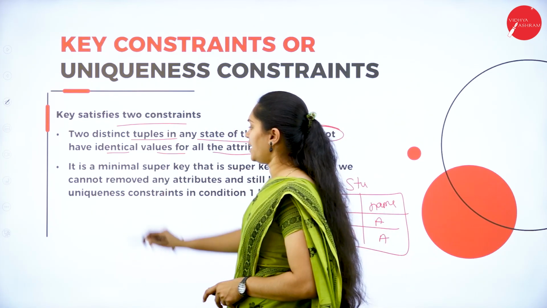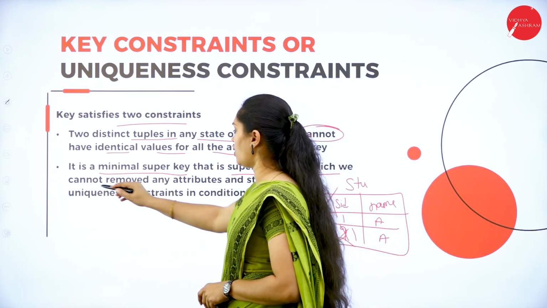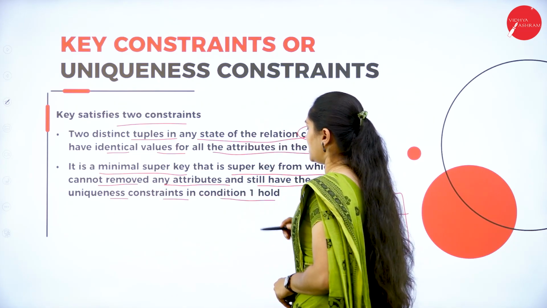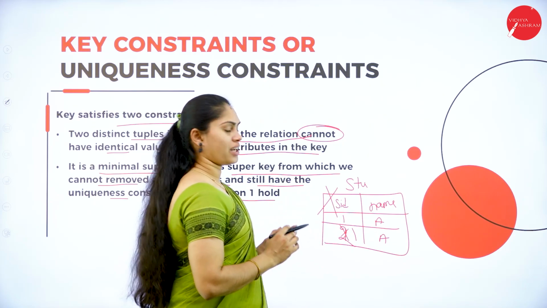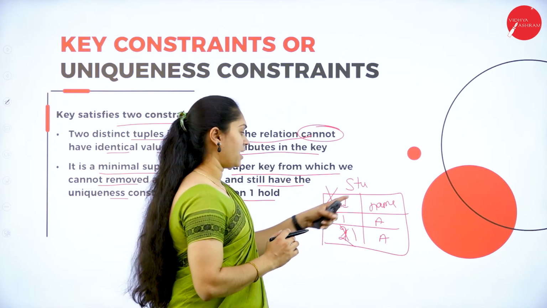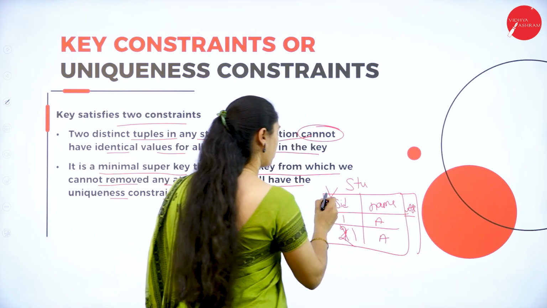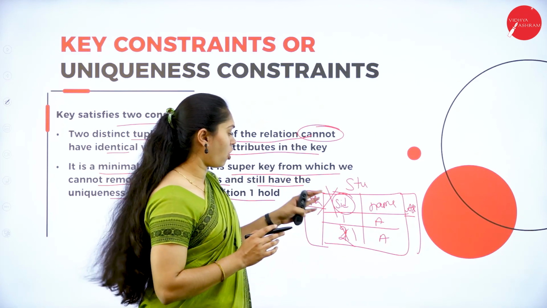And it has to be a minimal super key, that is a super key from which we cannot remove any of the attributes and still have the uniqueness constraint in condition 1 hold. What it means is, if you consider the student ID, student name and student age, and it also includes the phone number, so student is going to have all these attributes.